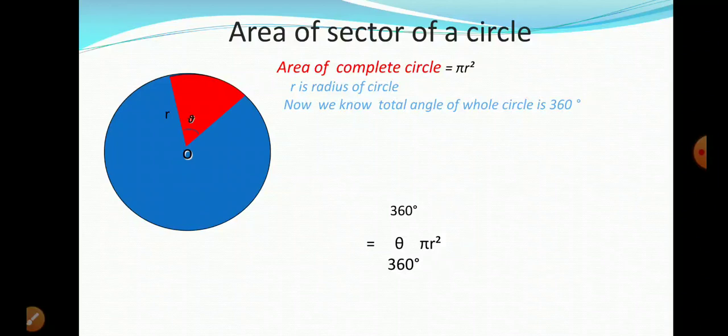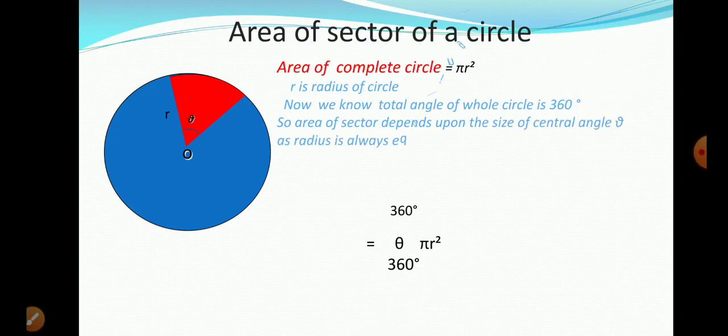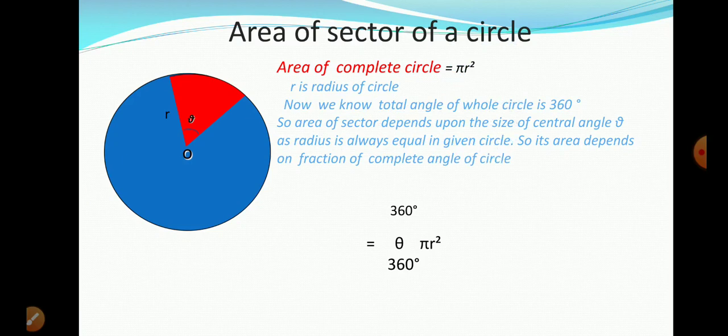As we have discussed earlier in the previous slide, the size of the sector depends upon the size of the center angle. So area of this sector also depends upon the size of the central angle.